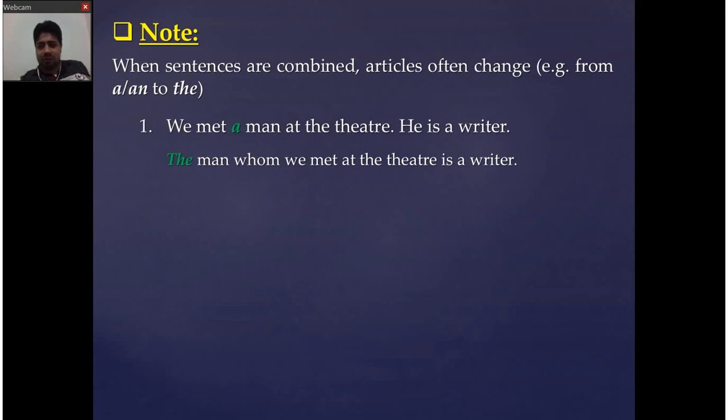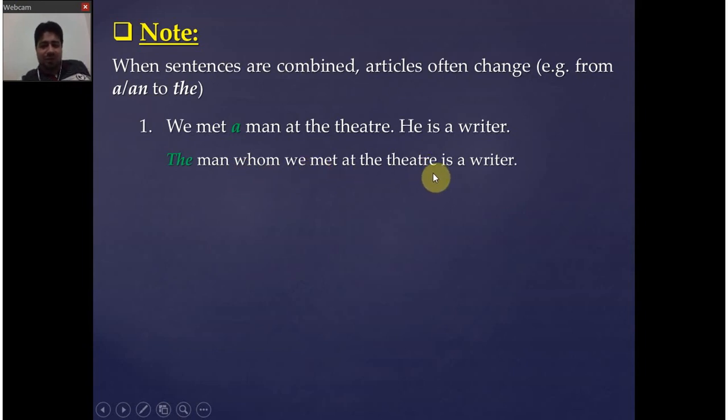Now we combine the two sentences using the criteria we learned a minute ago, and there is something else to focus on here, the articles. Now you see the highlighted words in green. We have first a, and I told you why. Now the reason why we have the in the second case, the man whom we met, is because of this phrase, whom we met at the theater.